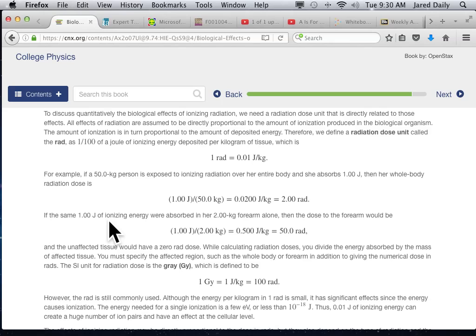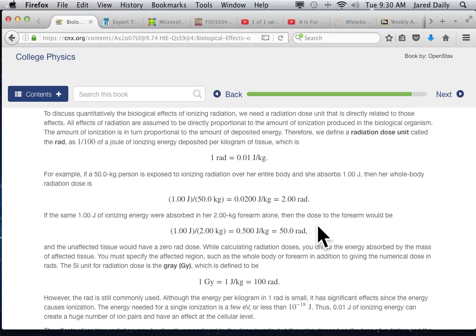If you do 1 joule of ionizing radiation absorbed only in the forearm, which is 2 kilograms, then it's 50 rads. So you can see where the mass makes a difference. If you concentrate it in a certain amount of mass on the body, the dose that you're getting is much higher.